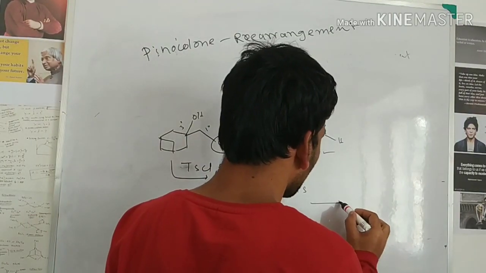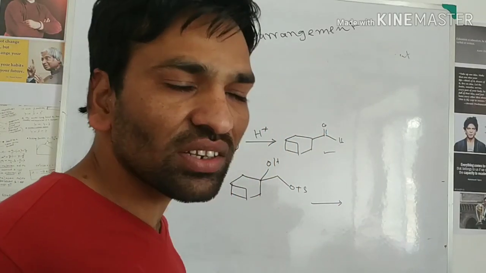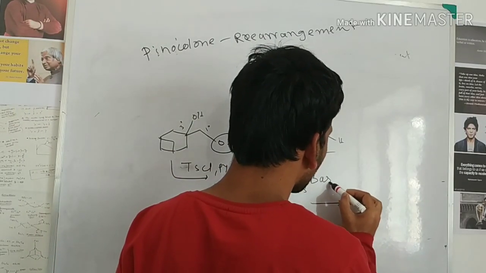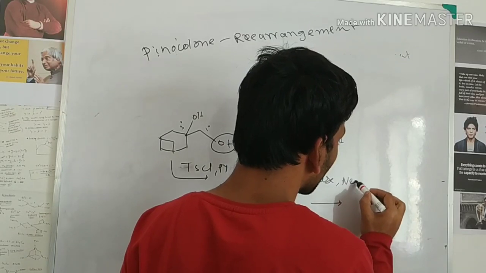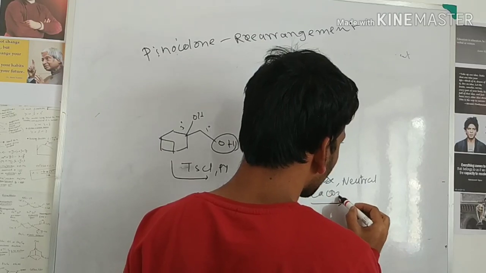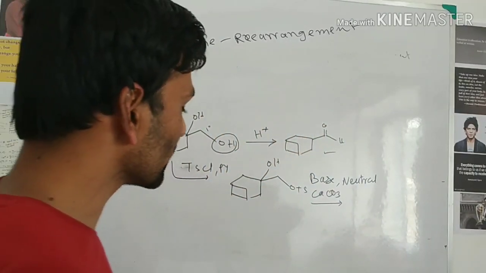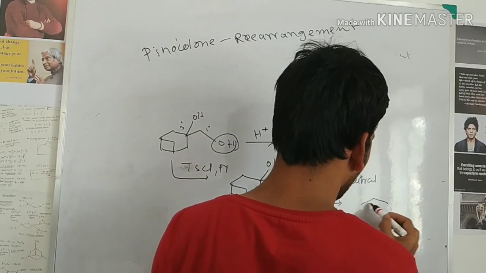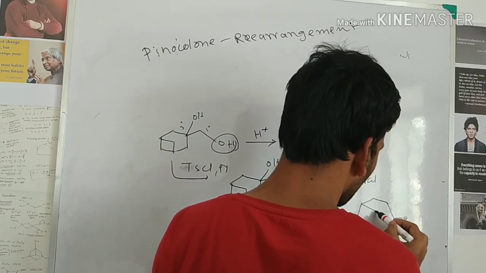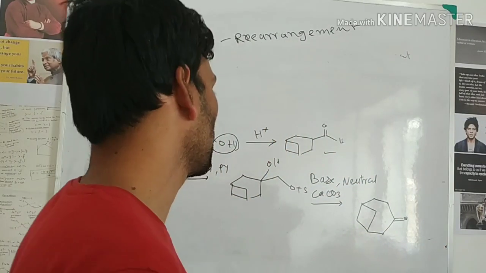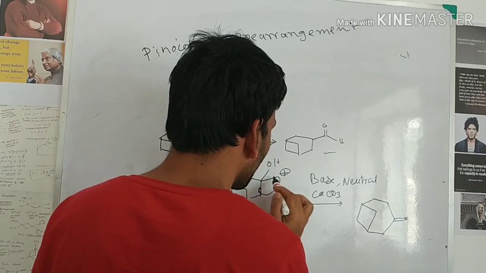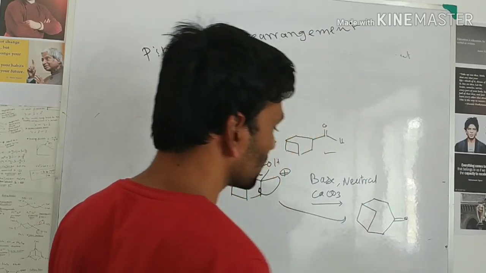And next, it can be treated in basic medium or neutral medium, such as calcium carbonate. This compound gives this one, and it can generate a carbocation here, and this bond will shift, and this is the final product.